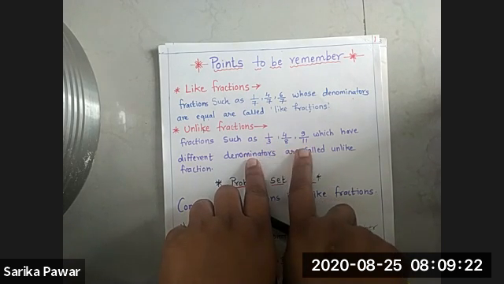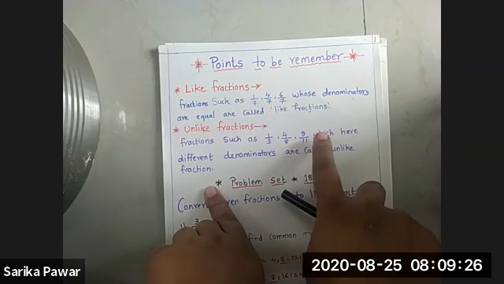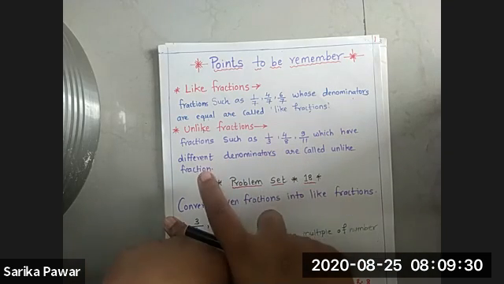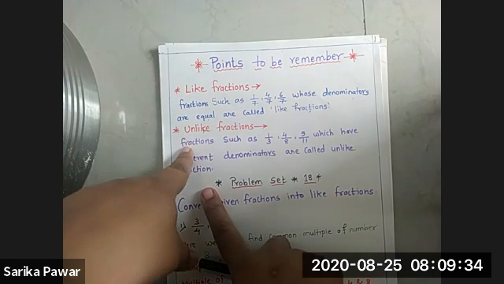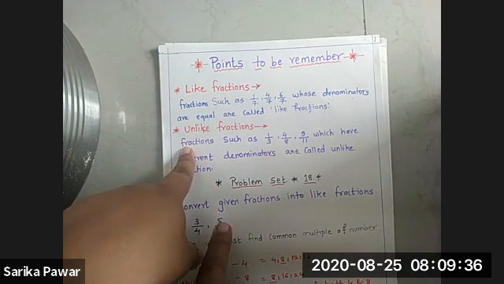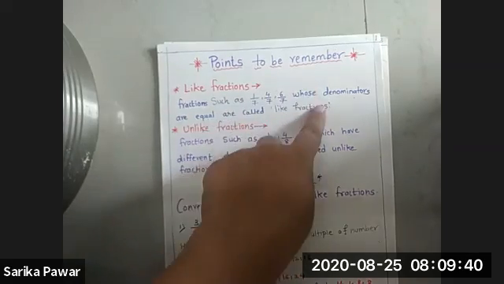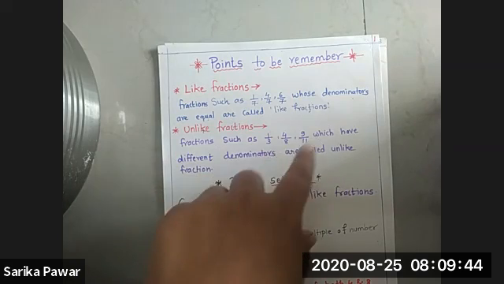Three different denominators are there. So the fractions which have different denominators are called unlike fractions. So here is the difference between like fraction and unlike fraction. Just you have to remember that in like fractions denominators are equal and in unlike fractions denominators are different.